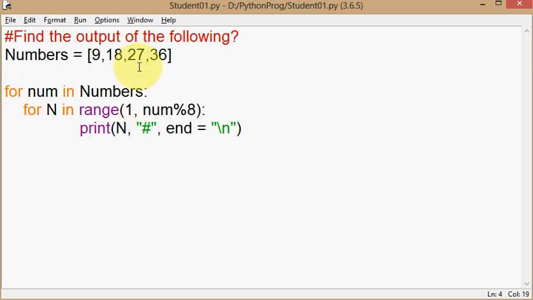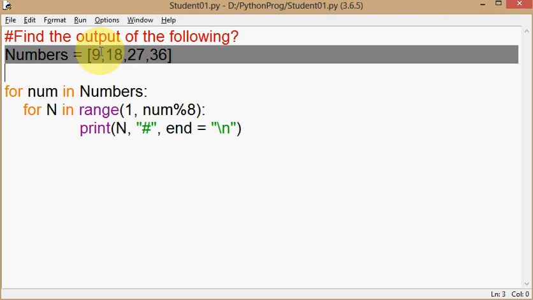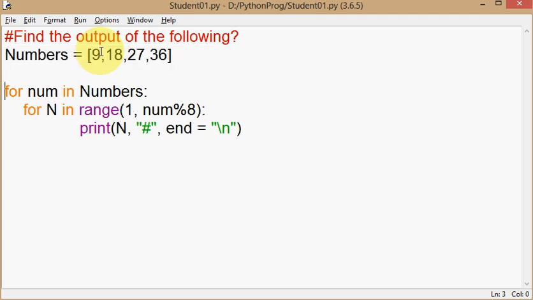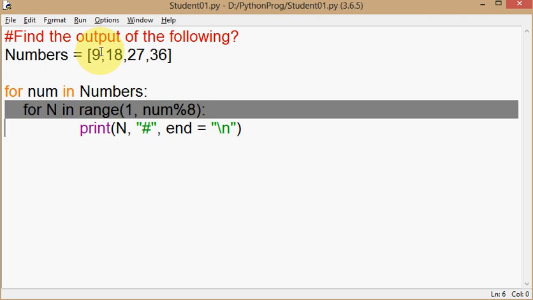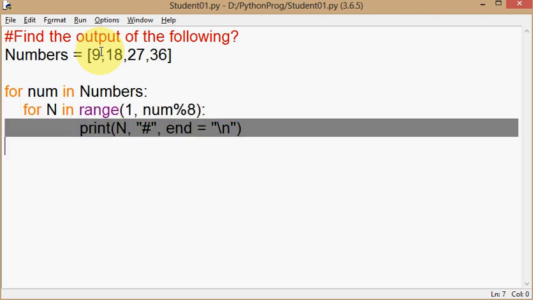So how this output occurred, we can see. First, we will understand how this code is going to be executed. First, the values 9, 18, 27, 36 are given to the variable numbers. There is an outer loop, this is an inner loop, and one print statement is there.